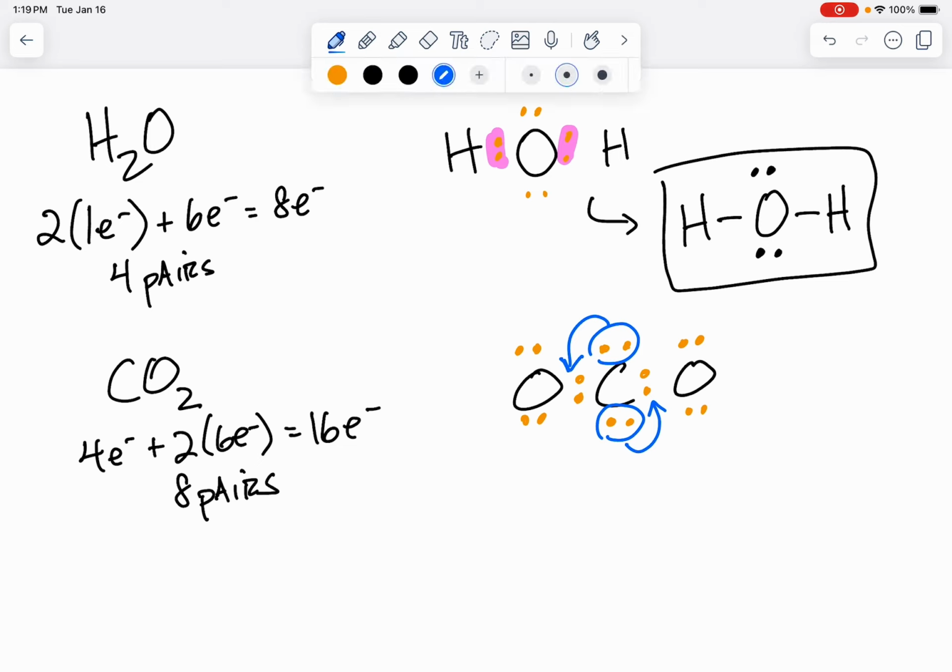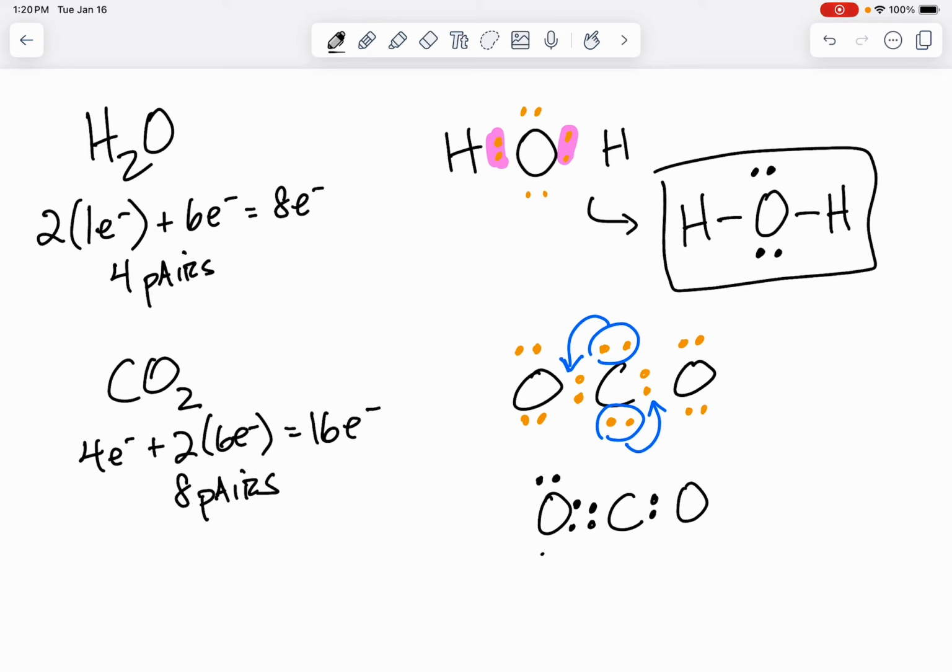And so here's what that's going to look like when we rewrite things. So the carbon is going to have its original electrons around it. And then we're taking the electrons from the top and the bottom and moving them to the center. The electrons that oxygen originally had as lone pairs remain there.